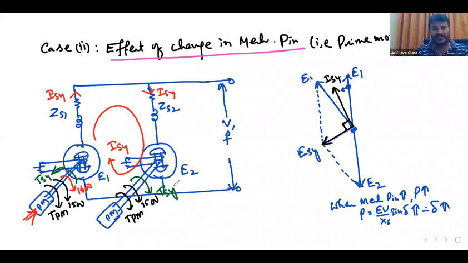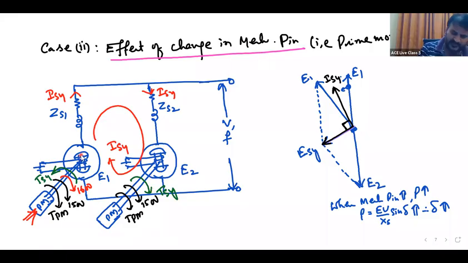Because the first machine acts as a generator, the synchronizing torque decelerates the first machine, and accelerates the second machine, because the second machine is acting as a motor. In a motor, torque will be in the same direction as rotation. Generator torque is in the opposite direction. So what is that synchronizing torque doing? A braking action is taking place. So it is decelerating the first machine, accelerating the second machine. Then what will the speed be?